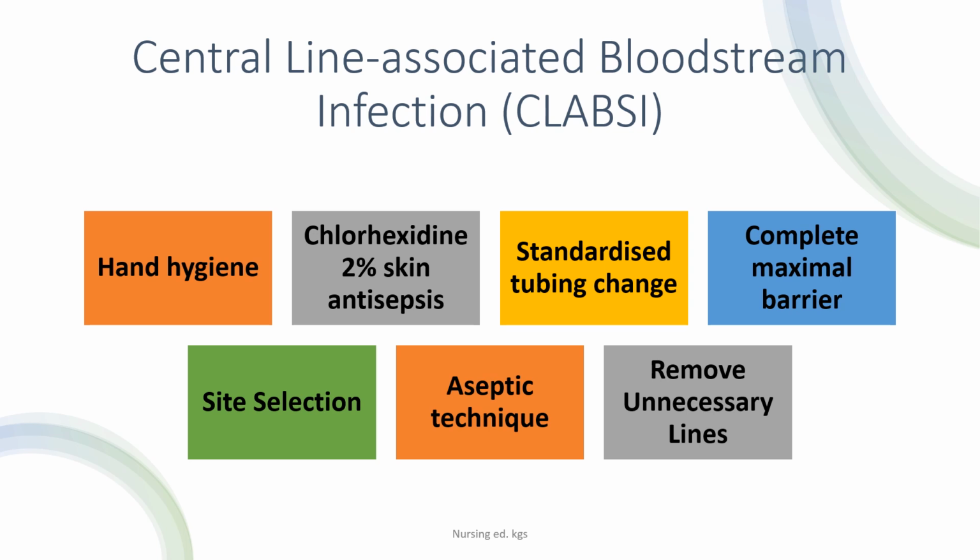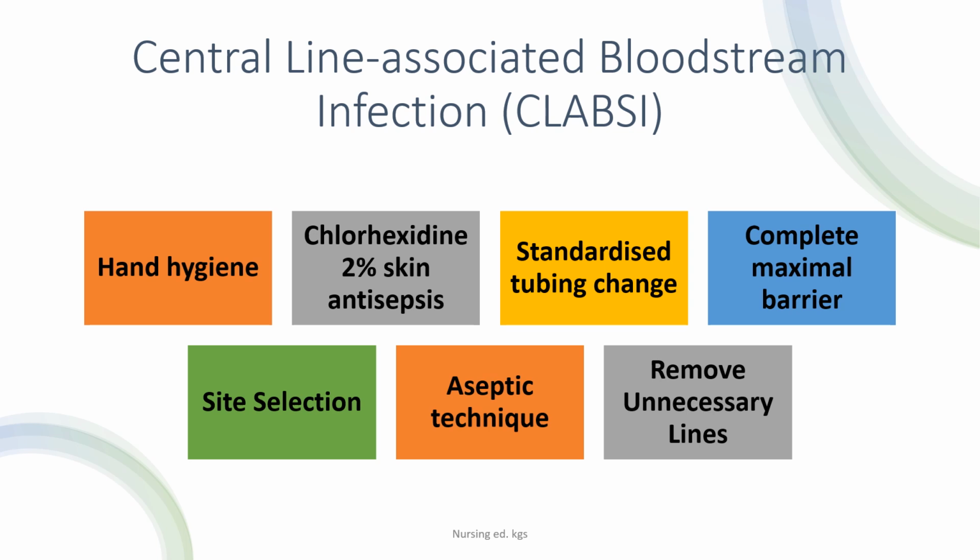So you can either prepare the skin with the chlorhexidine 2% in 70% alcohol swabs, and you're going to use a friction scrub for at least 20 seconds. Another way that we reduce these infections is by ensuring that our tubings are changed per policy.